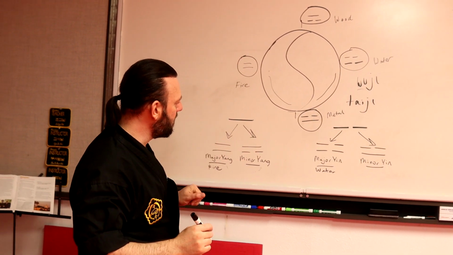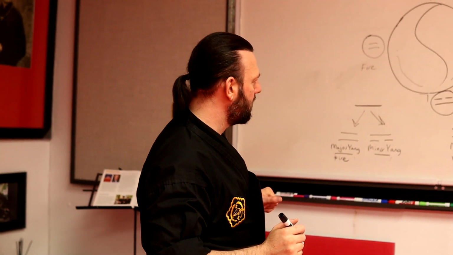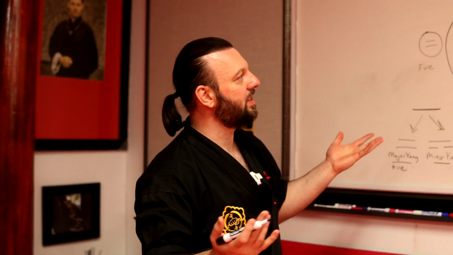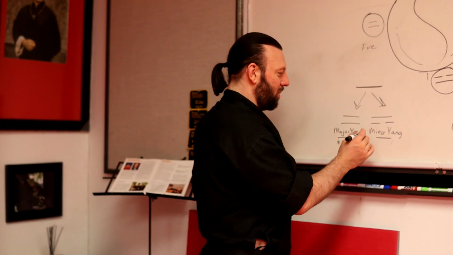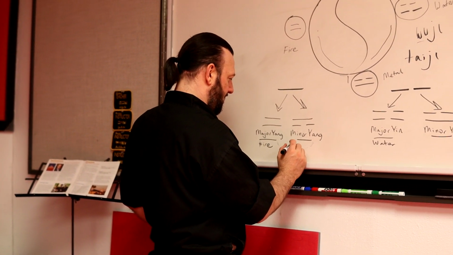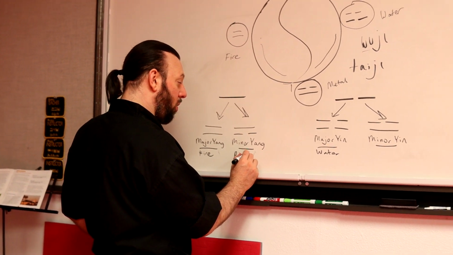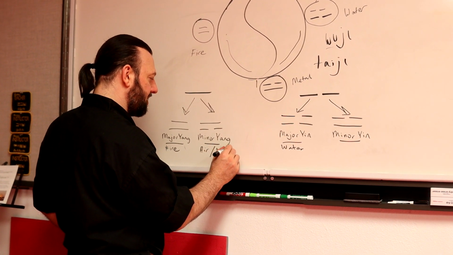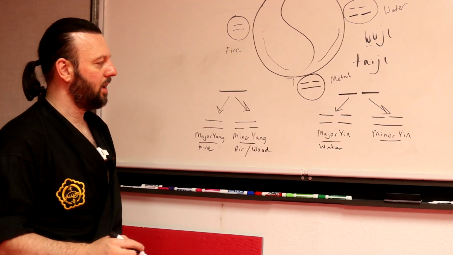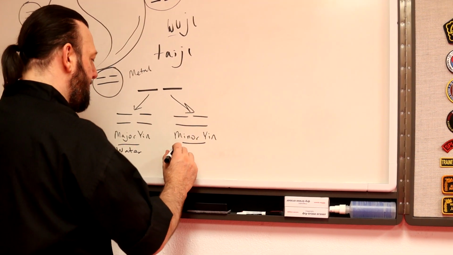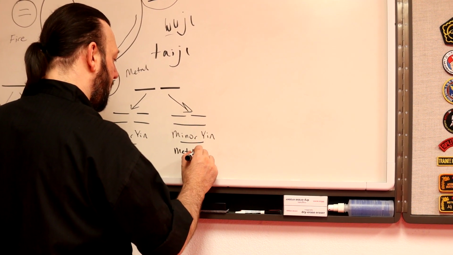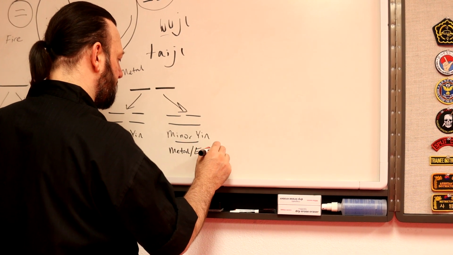If we were to equate those with the Buddhist elements and the Taoist elements, they occupy the same portions on the compass as well as in the sundial. So we have here air or wood as a descriptor for minor yang. And then over here, metal or earth as a description for minor yin.